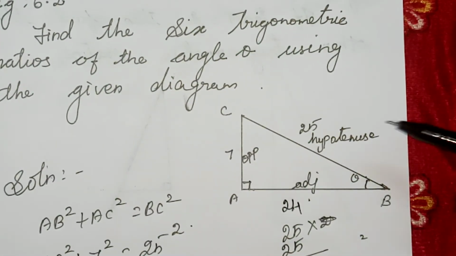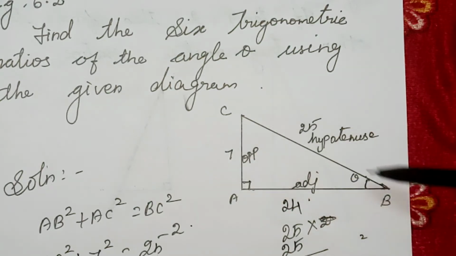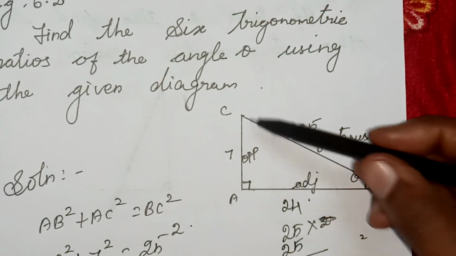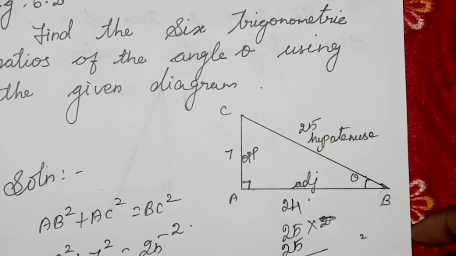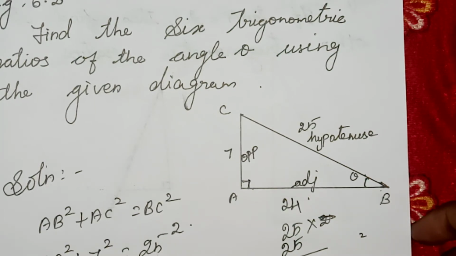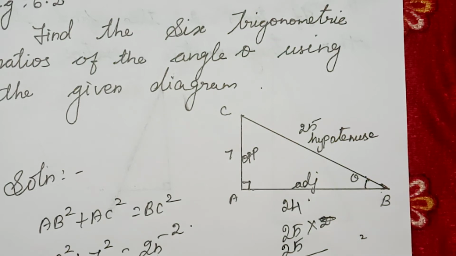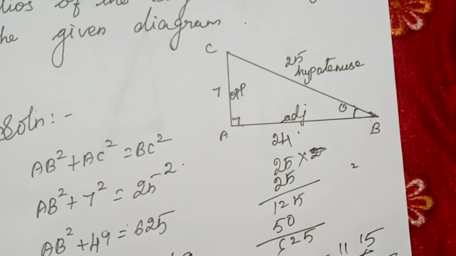Okay. Now hypotenuse BC is equal to 25. Next opposite side AC is equal to 7. Next adjacent side AB is equal to 24. Then we want to find out the 6 trigonometric ratios.